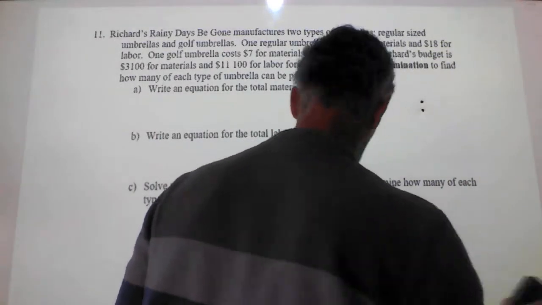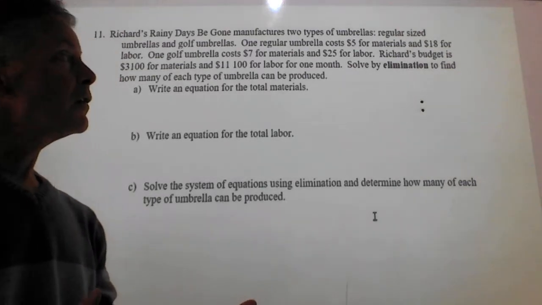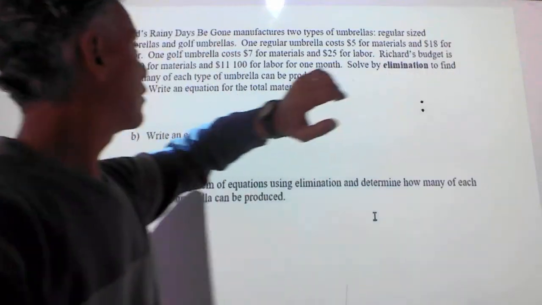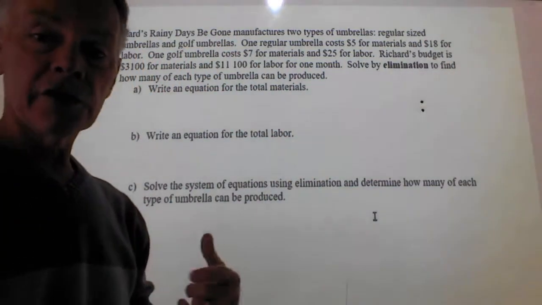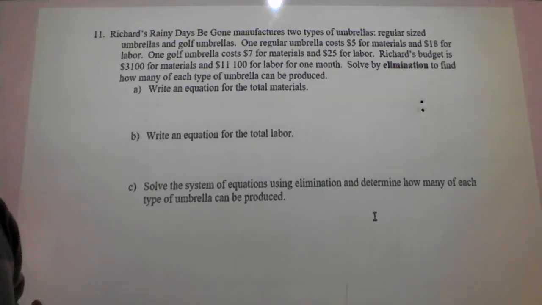So, for this one, it says, Richard's Rainy Days Be Gone manufactures two types of umbrellas, regular sized and golf. A regular umbrella costs $5 for the actual materials, and then another $18 for labor to actually turn those materials into an umbrella. Okay?